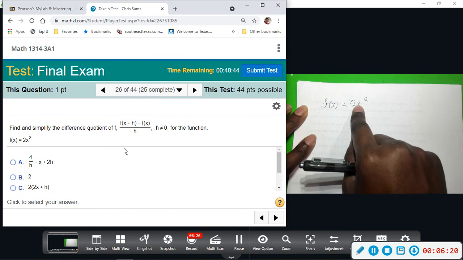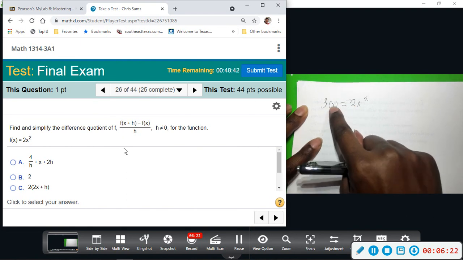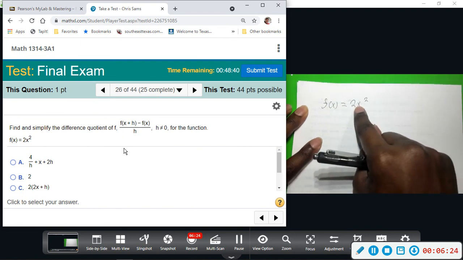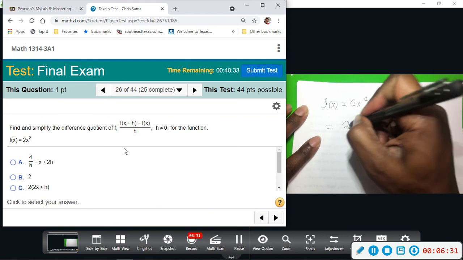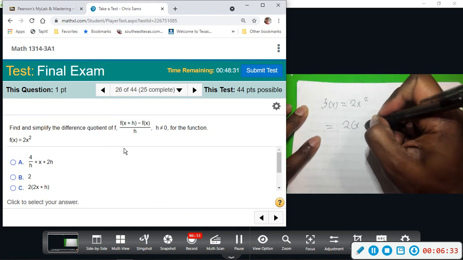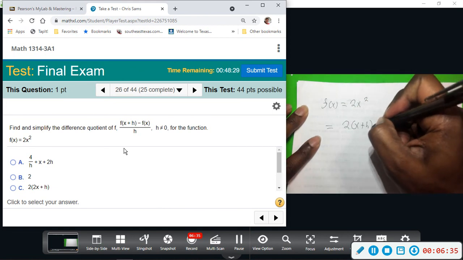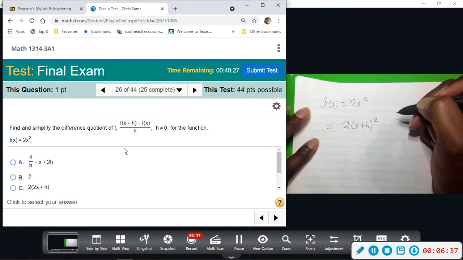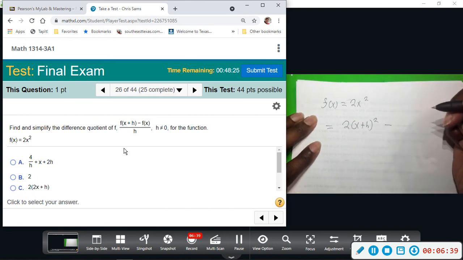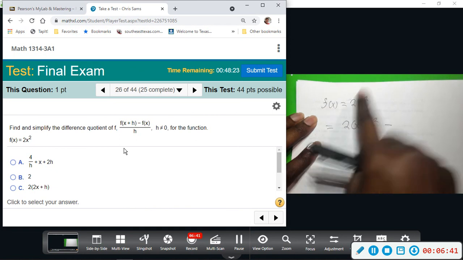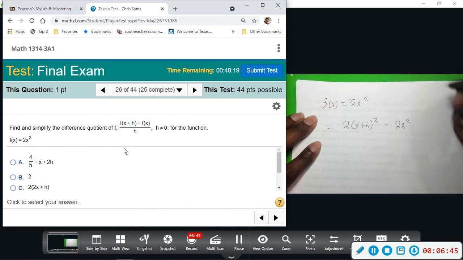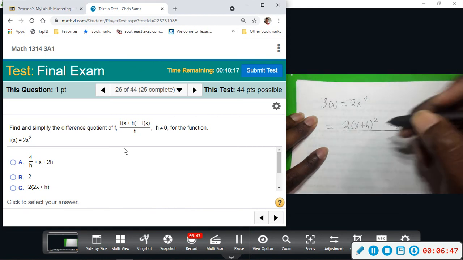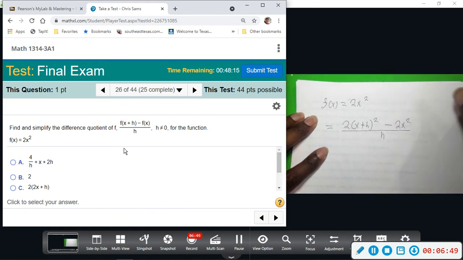So the first part, where it says f of x plus h, we're going to plug x plus h in the place of x. So the first part would be 2 times (x plus h) squared. And then minus f of x, which is minus 2x squared. And then all divided by h.